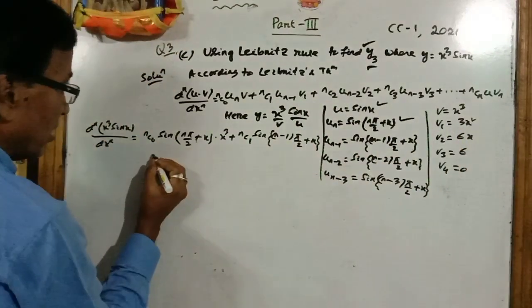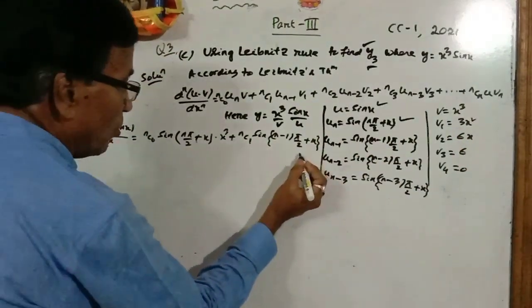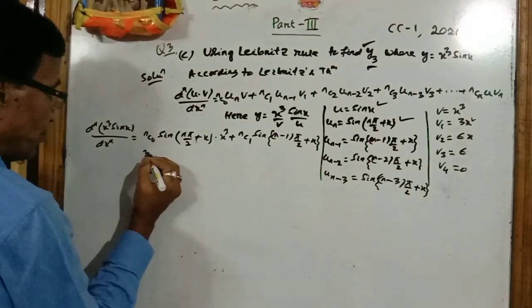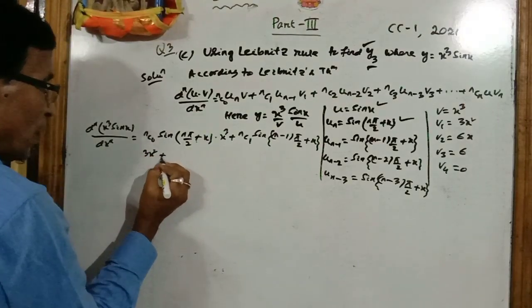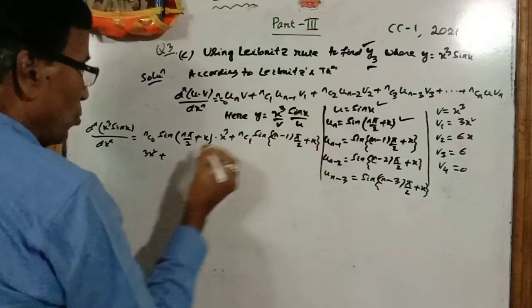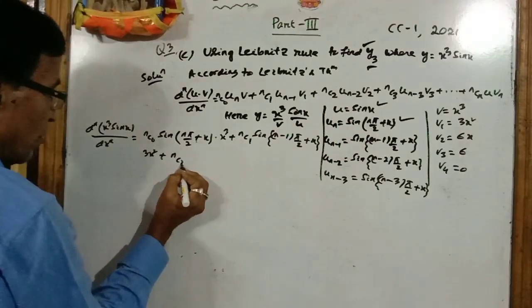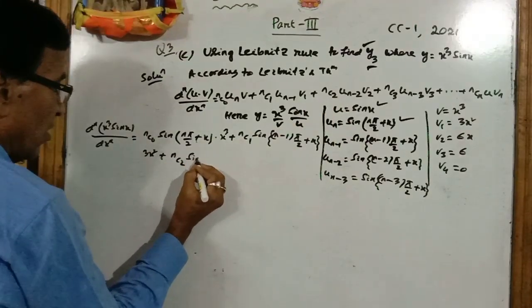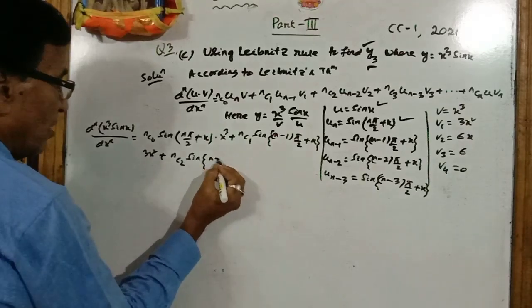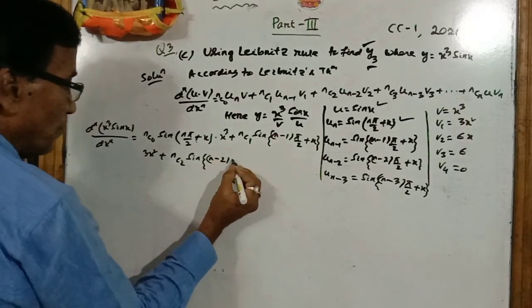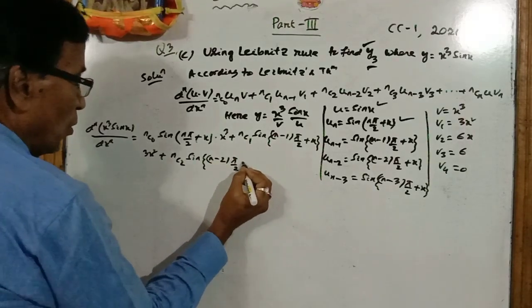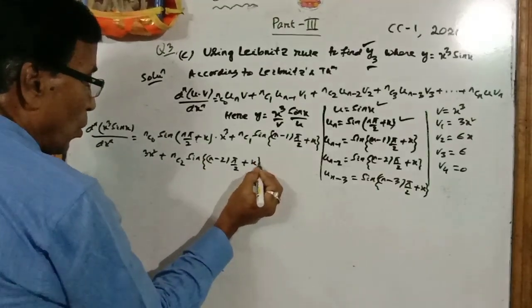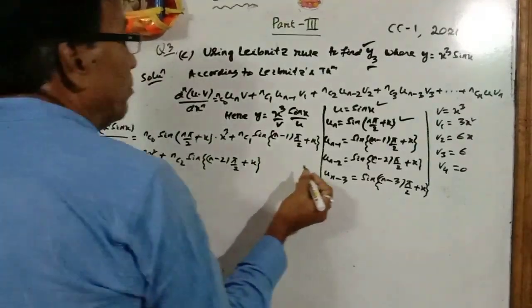V1 is equal to 3x square, into 3x square, plus next term is nC2 sin of (n minus 2) into pi by 2 plus x whole into V2.